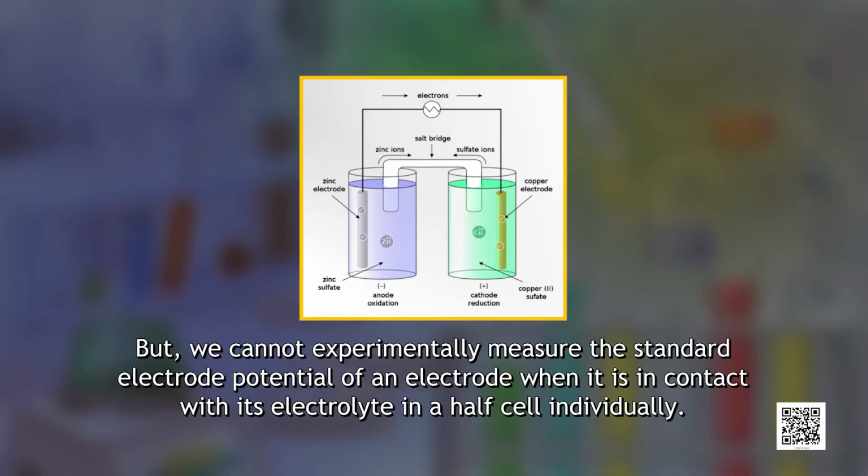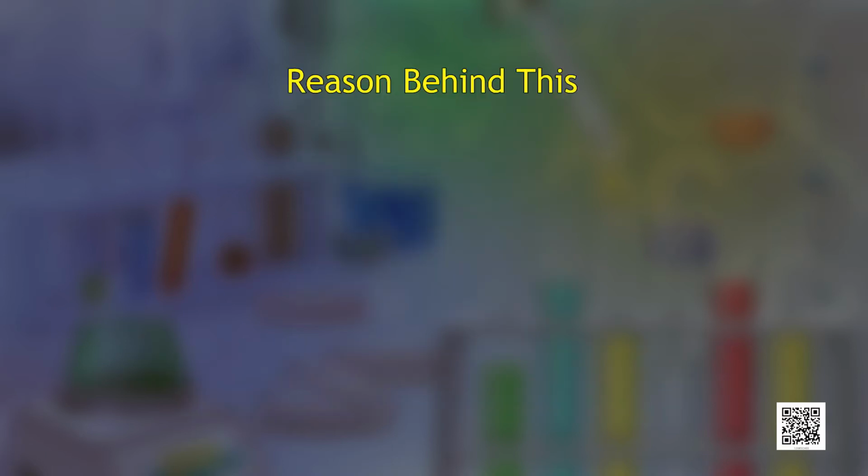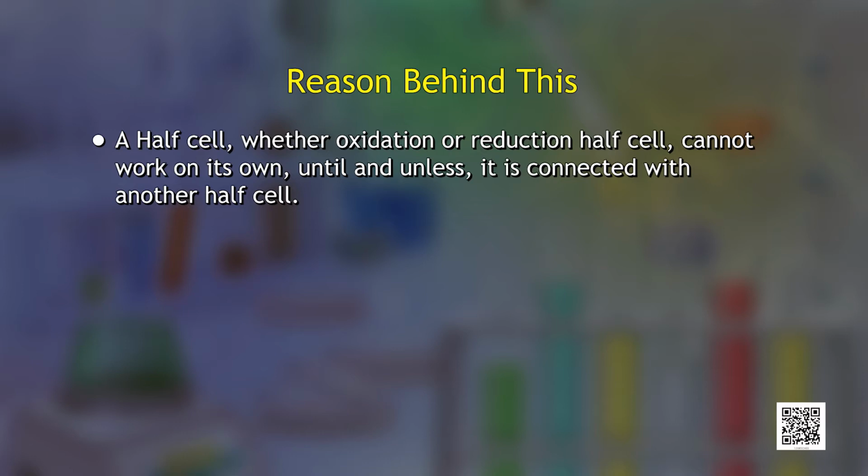But we cannot experimentally measure the standard electrode potential of an electrode when it is in contact with its electrolyte in a half cell individually. This is due to two reasons. A half cell, whether oxidation or reduction half cell, cannot work on its own until and unless it is connected with another half cell.